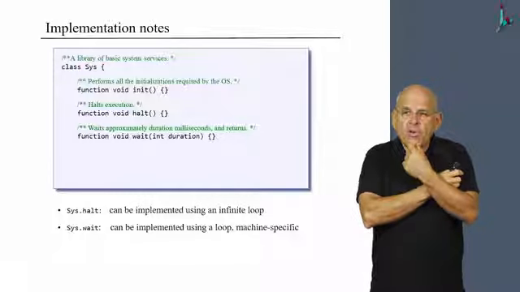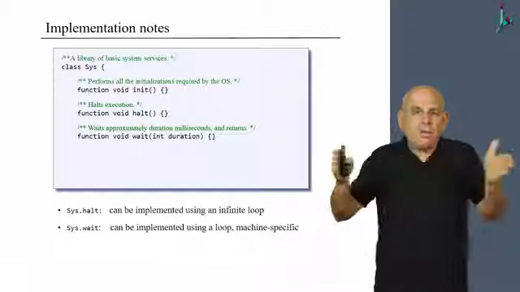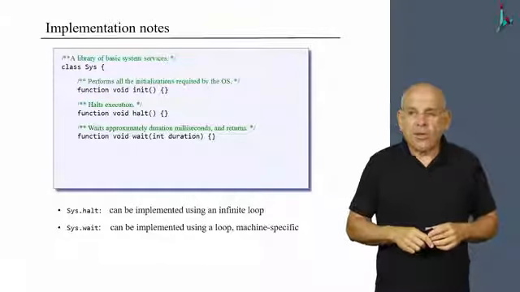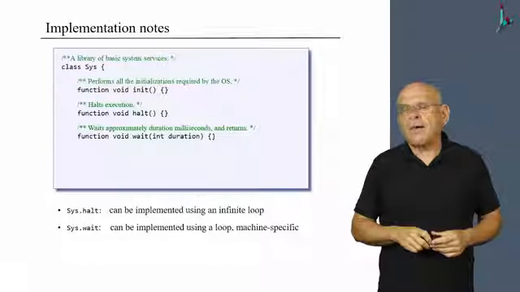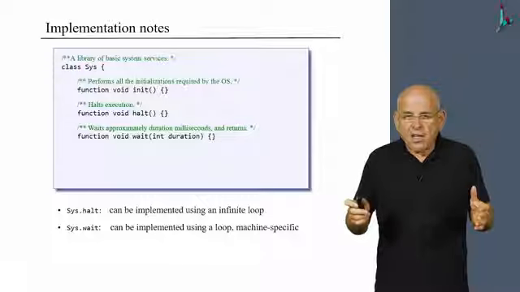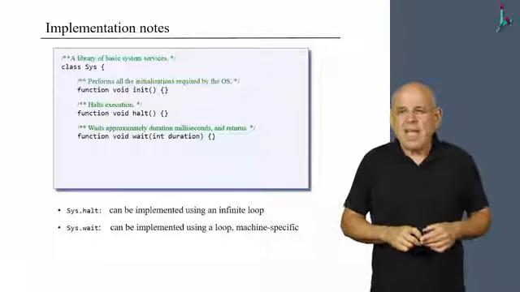So if your computer is very fast, then the delay factor will have to be large because you want to slow it down. If your computer is slow, you will want a small delay factor to make this loop operate fast enough.